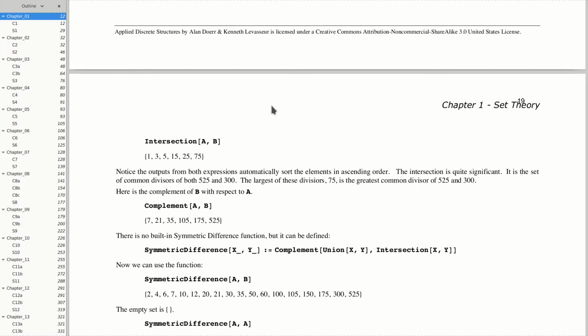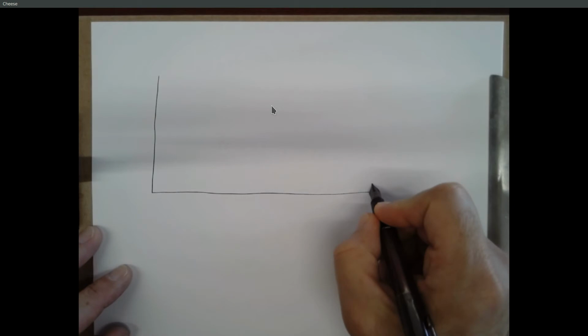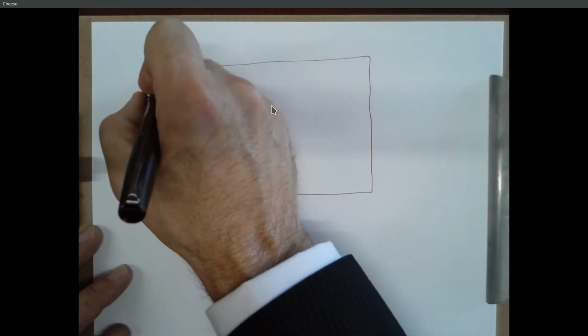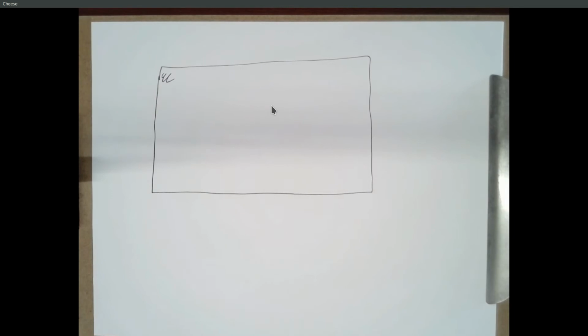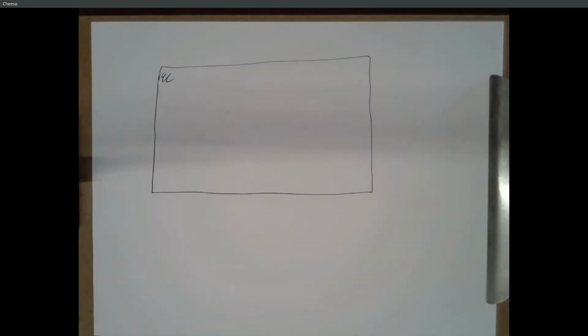Let's play around with Venn diagrams. So we usually have some kind of universe in mind, and we typically draw this with just a big box. And this box contains everything that we're considering as possibly being a member of a set, right? So the universe of things. And we typically draw sets as circles.